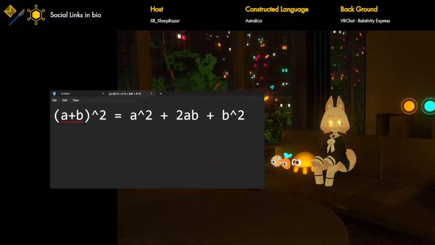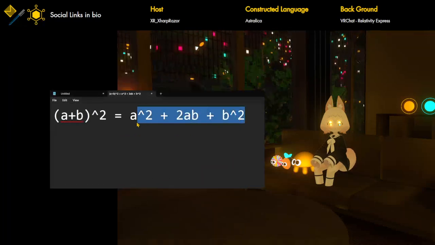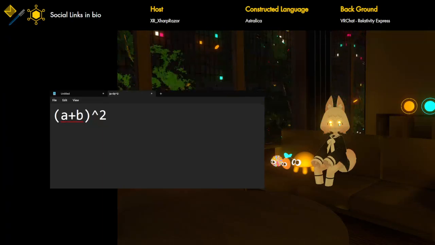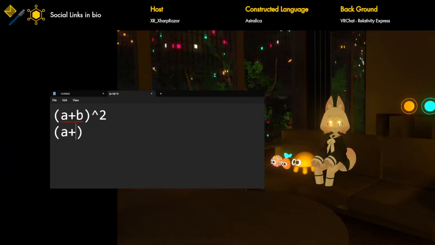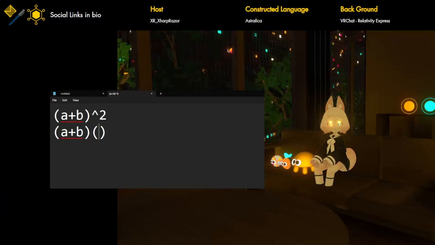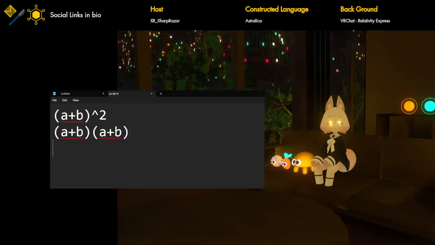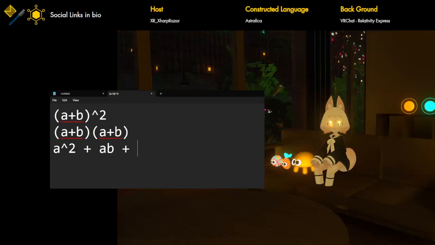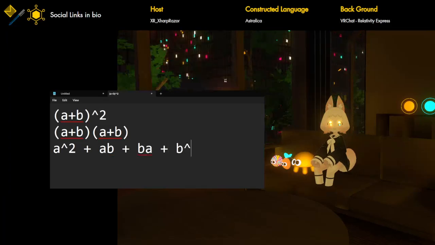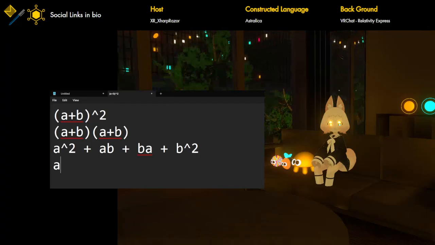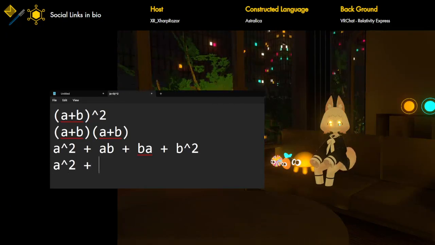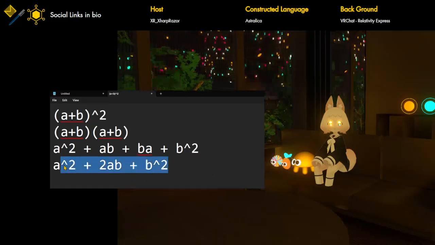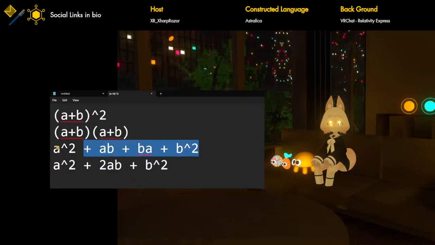The only sad problem is sometimes we don't even know where this comes from. So sometimes we'll just say, all right, let's see if we can derive it immediately. And you just have a squared and then ab and then ba and then b squared, and it immediately ends up as a squared plus 2ab plus b squared, and boom, you can derive this thing.